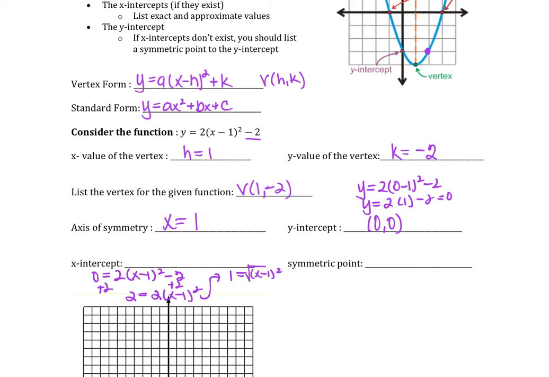And when I square root both sides, I get plus and minus 1 equals x minus 1. So then I add 1 to both sides, and so I get x equals 1 plus or minus 1. So 1 plus 1, that's going to be 2. So one of my x-intercepts will be (2, 0). And then 1 minus 1, that's 0. So my other x-intercept is (0, 0).